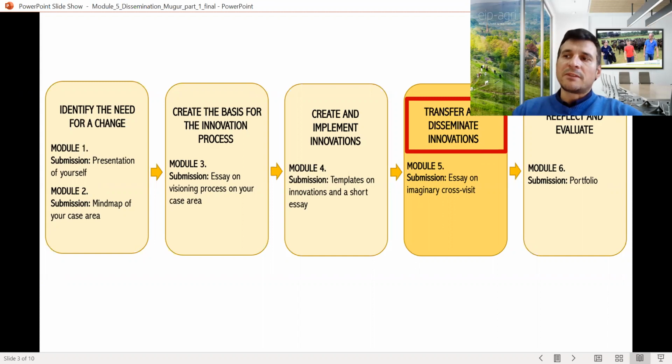In a way, this module number 5 is a logical step forward, because now you will learn how to engage local actors to use the sustainable development solutions identified so far. This is only possible, as you will see, when you create a solid communication and dissemination plan, and also very important, very interesting activities.